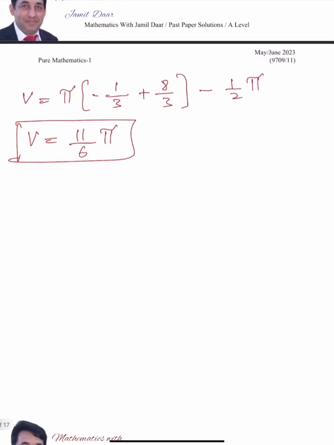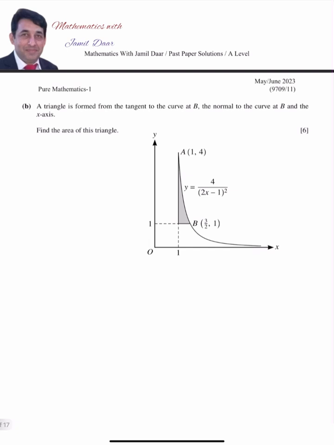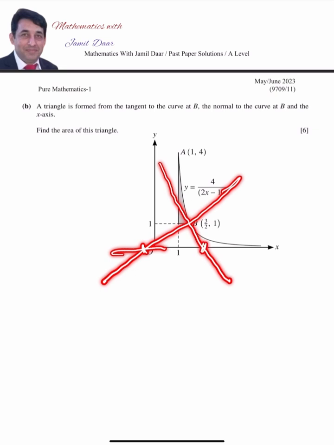If you move to the next part, it says a triangle is formed from the tangent to the curve at B, the normal to the curve at B, and the x-axis. That means this is the tangent to the curve, and this is the normal to the curve, and this is the triangle between these three points. So let me draw the tangent.